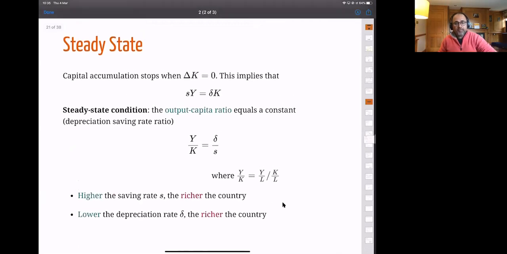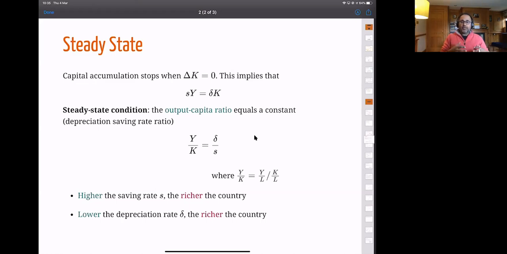Okay, this is the discussion we've already had. In steady state, there is no change in capital stocks. The idea of a steady state is where things come to a rest. So in a steady state, saving equals depreciation.